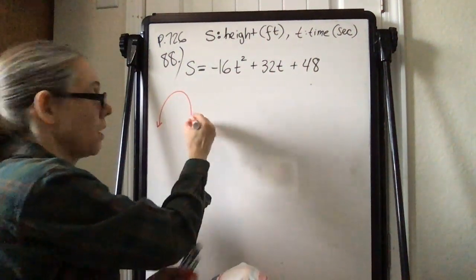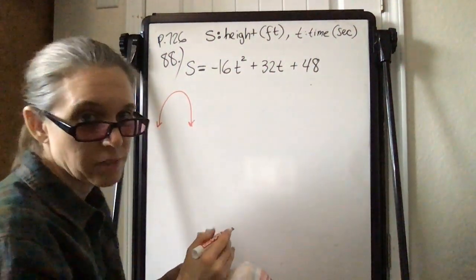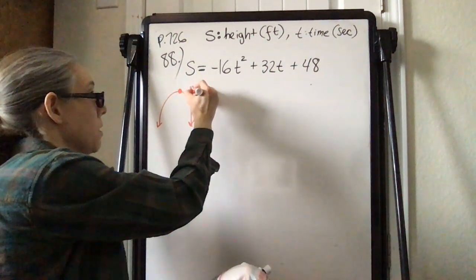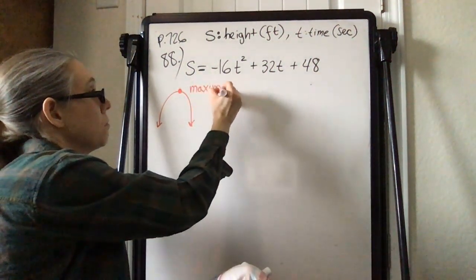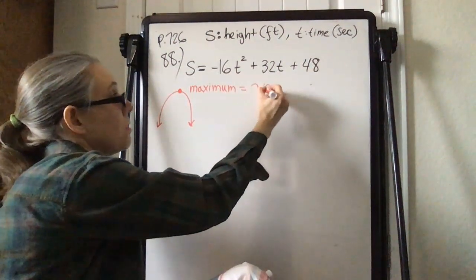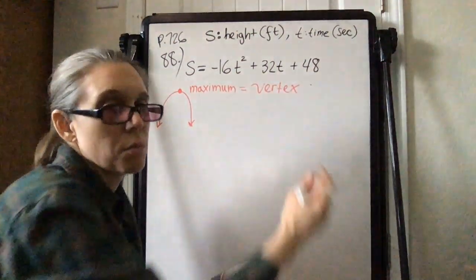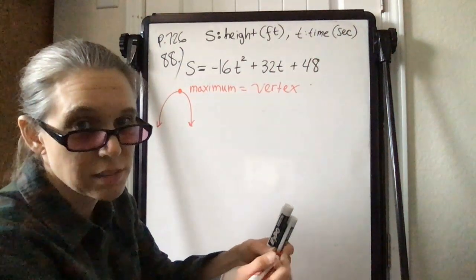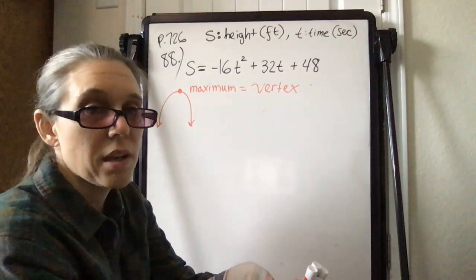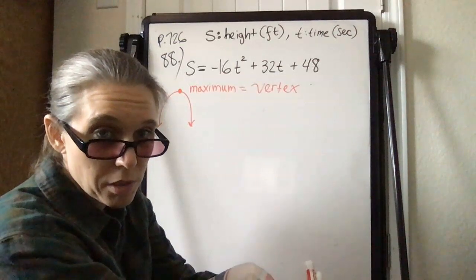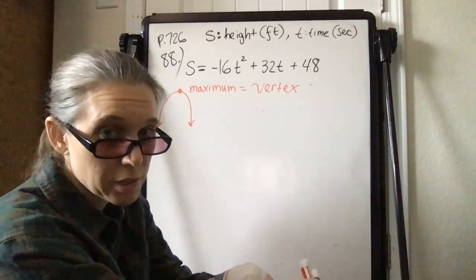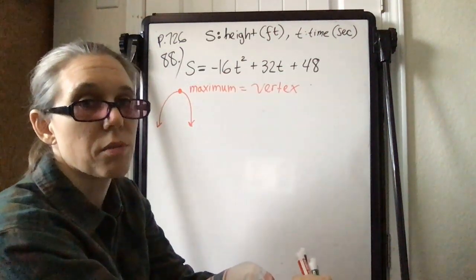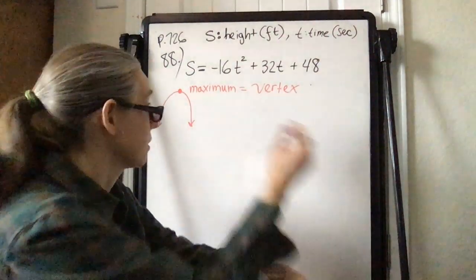And when you have a downward facing parabola, the maximum is going to be the vertex, right? So the minimum is going to be the vertex, the maximum is going to be the vertex. Anytime you have a min or a max problem, a word problem with parabolas, that means you are looking for the vertex. So let's find the vertex.